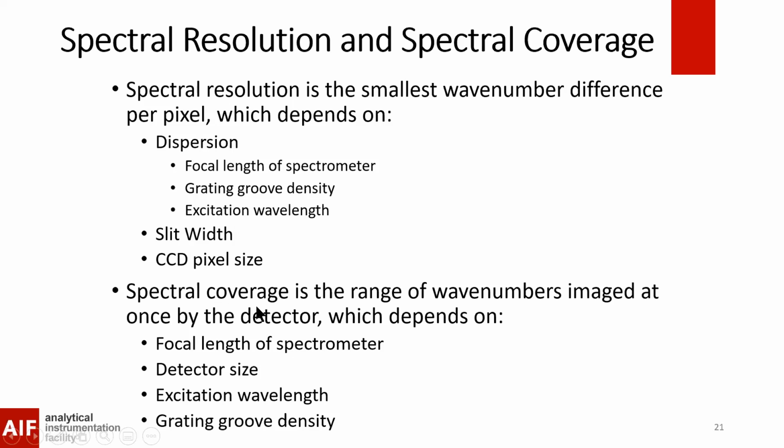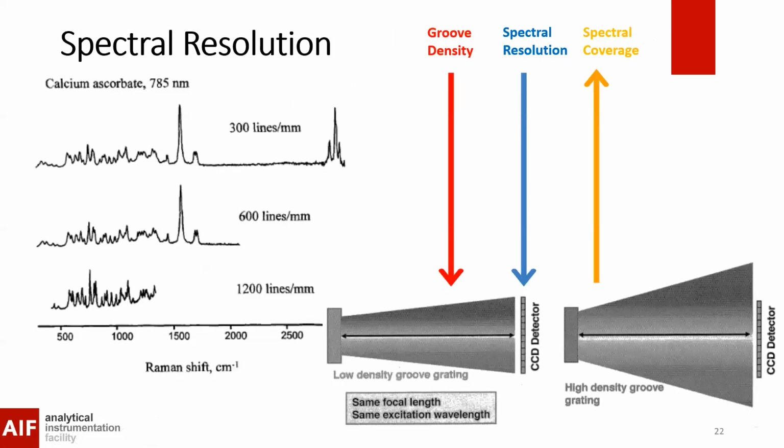And the spectral coverage is basically the opposite of spectral resolution. If you get higher spectral resolution, then you get a shorter, or smaller, spectral coverage. So it also depends on the dispersion and grooving density and so on.